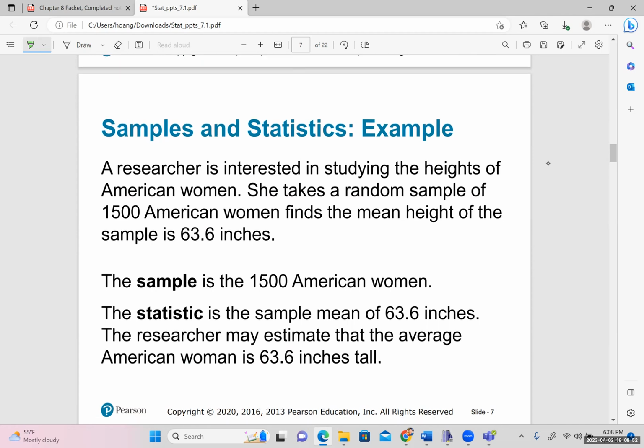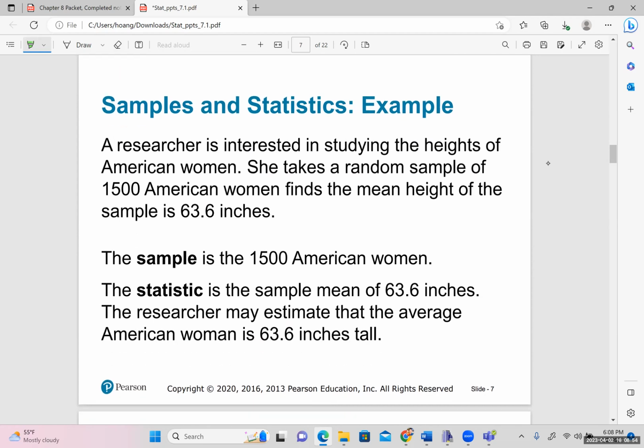So here is another example for sample statistics. A researcher is interested in studying the height of American women. Take a look at the study right now. I can know that the population is all American women.